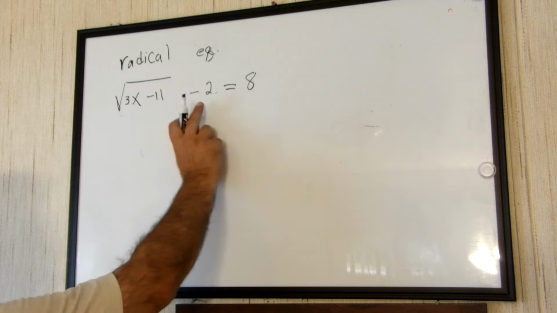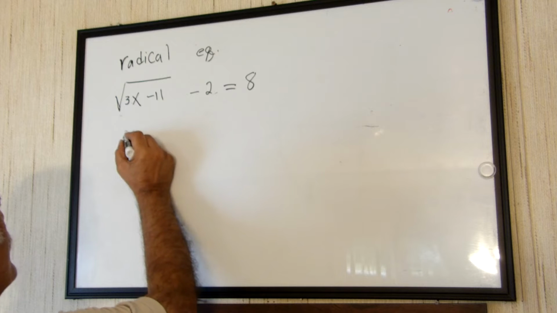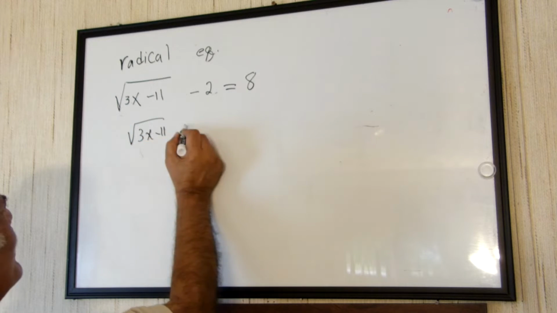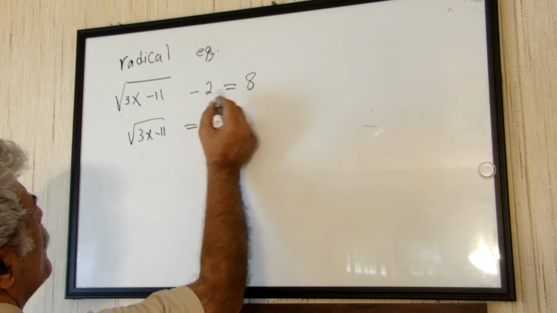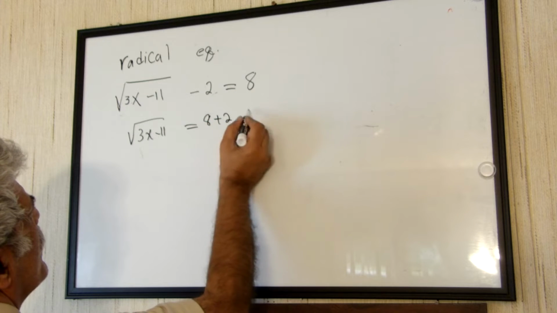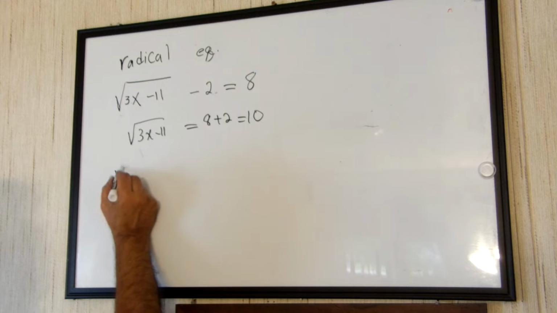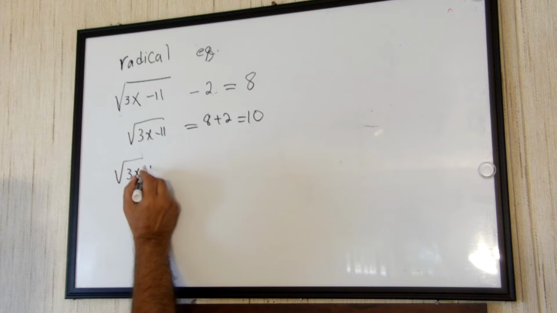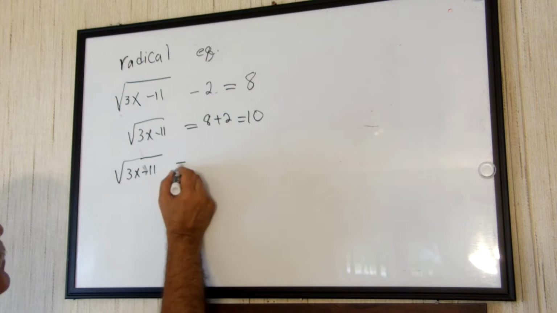How do we solve? We have to bring this one to this side, so we have one item on the left and the other item on the right. The 2 is going to go to this side and change its sign, so it's 8 plus 2, which is 10. So the square root of 3x minus 1 is equal to 10.